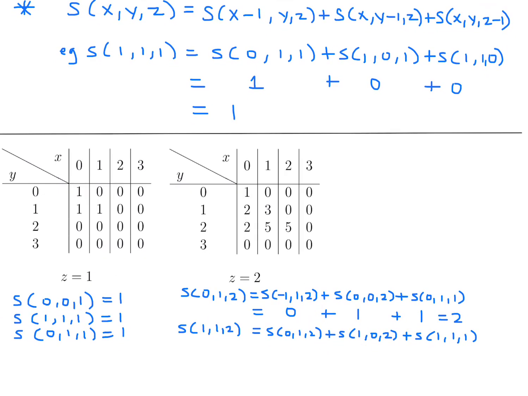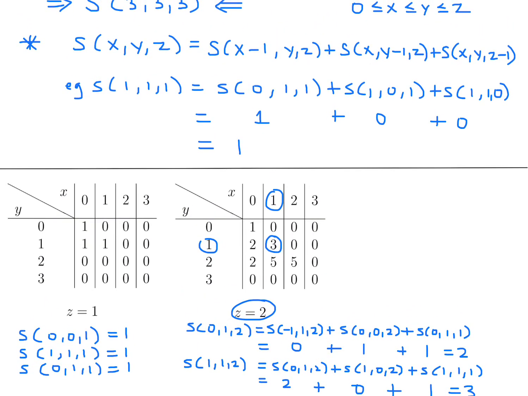And 0, 1, 2 we just figured out is 2, plus S of 1, 0, 2. Well, this one fails the inequality because x cannot be greater than y, so that's 0. And then S of 1, 1, 1, that one we got over here. That's just 1. So this is 3. And that's why when x is 1, y is 1, and z is 2, we get 3. So you see how this is being filled out? So that's basically what you have to do.